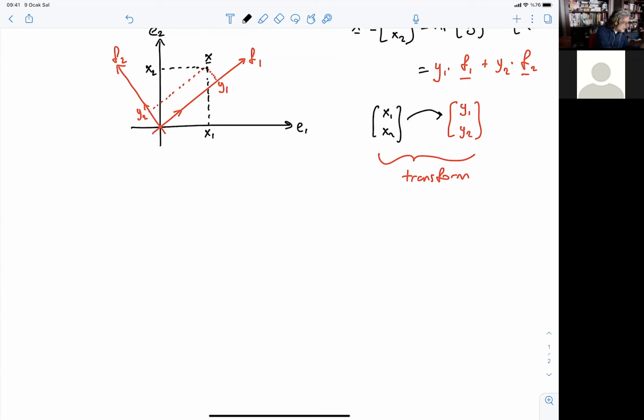But I will not go into the details of all the properties of vector spaces like commutativity and associativity, distributivity.